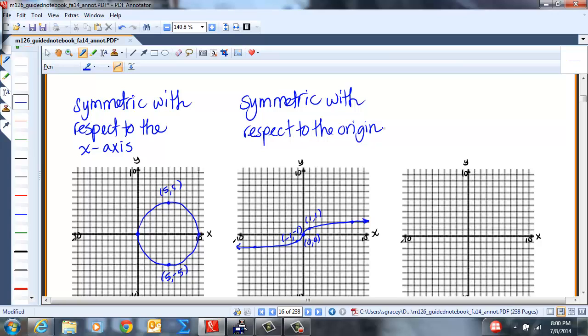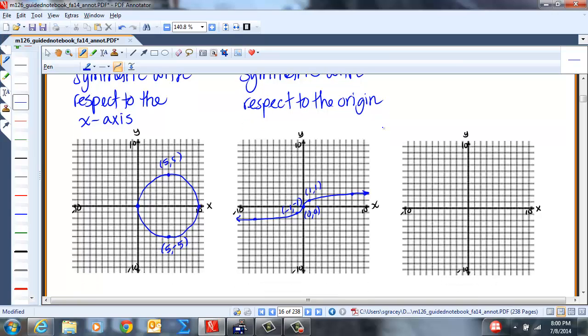Okay, and then finally, this one won't be too hard to guess, right? But let's draw sort of a funky one. Let's say we had something like this. So this is 1, 2, 3. This is 3, 3.